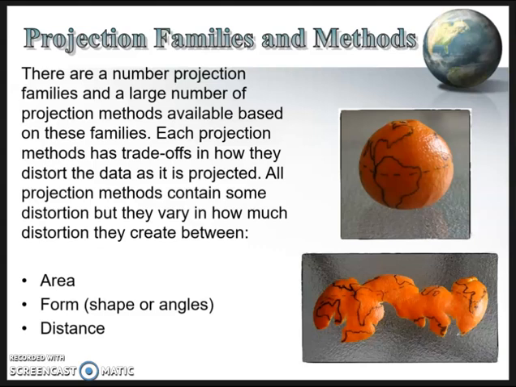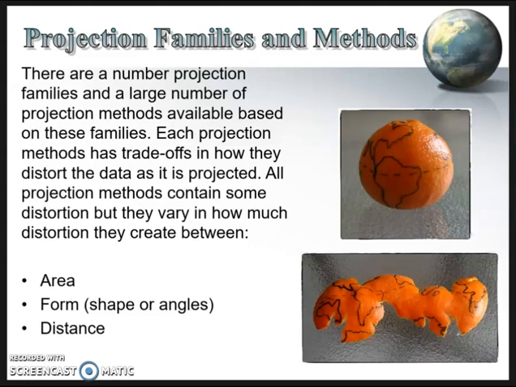Cartographers often call map projections that preserve the shape of continents conformal projections. Conformal projections preserve shape and angle locally, often at the expense of size. Distance represents the accuracy of the map scale. Cartographers call maps that preserve distance equidistant projections.